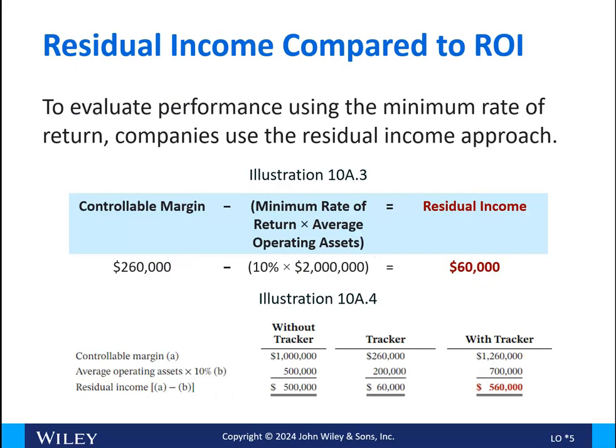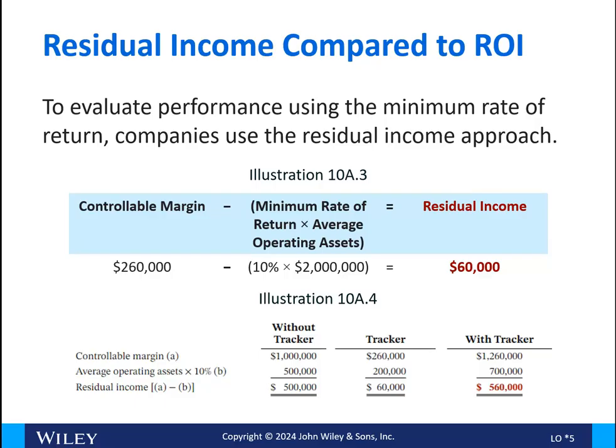To evaluate performance using the minimum rate of return, we use the residual income approach. So if we take our controllable margin, the $260,000 with Tracker, and then subtract our minimum rate of return times our average operating assets, that gives us our residual income. For Tracker, it's $60,000.